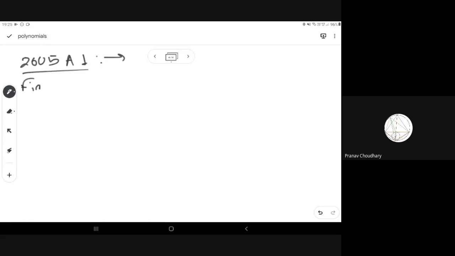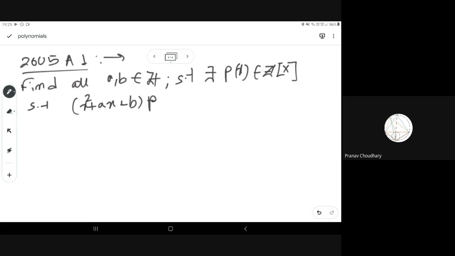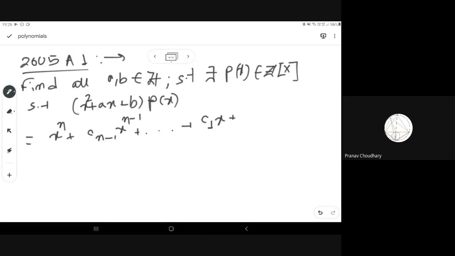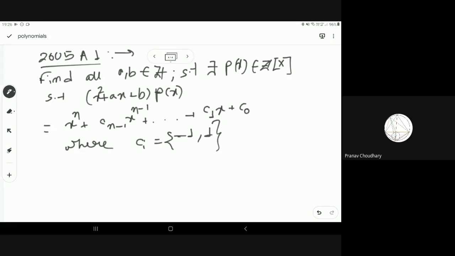Find all a, b belonging to Z such that there exists a polynomial p of x belonging to Z[x] such that (x squared plus ax plus b) into p of x is of the form x to the n plus c_{n-1} x to the n minus 1 plus ... plus c_1 x plus c_0, where every c_i is minus 1 or 1. Does everyone understand the statement of the problem?